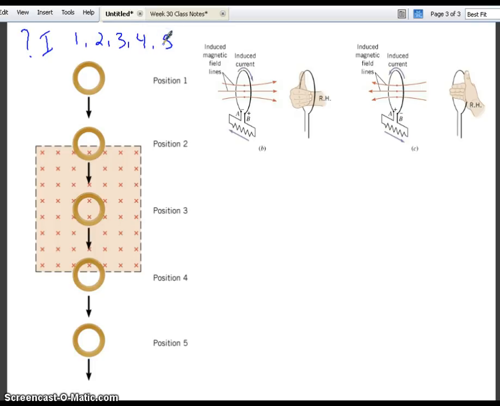Well, positions 1 and 5 are very simple. There is no magnetic field going through these rings. So the current through 1 and 5 is 0, okay? So 1 and 5 is equal to 0 amps, okay?